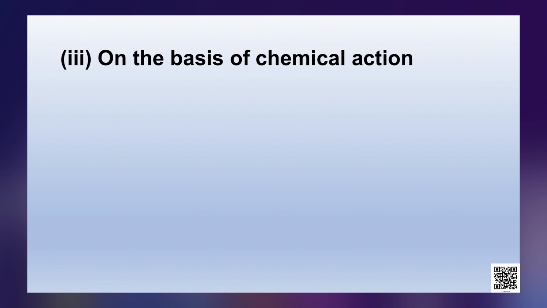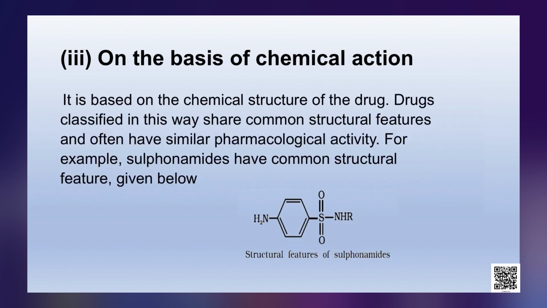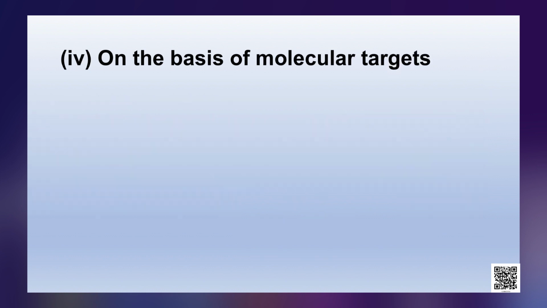Third is on the basis of chemical action. It is based on the chemical structure of the drug. Drugs classified in this way share common structural features and often have similar pharmacological activity. For example, sulfonamides have a common structural feature as shown. And fourth is on the basis of molecular targets.